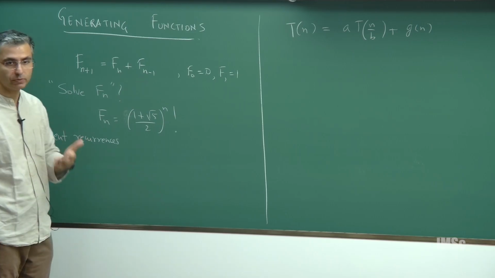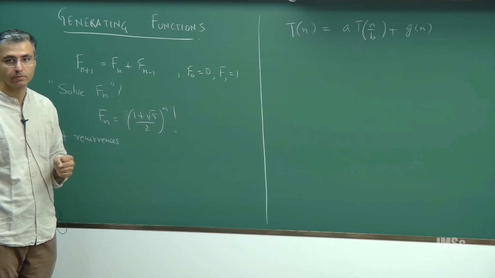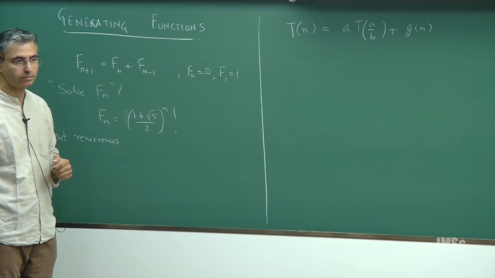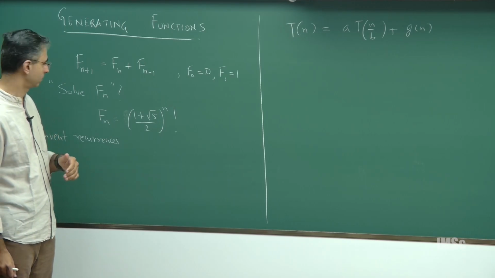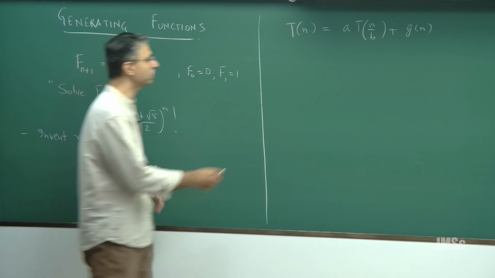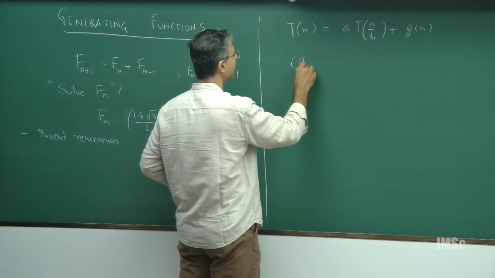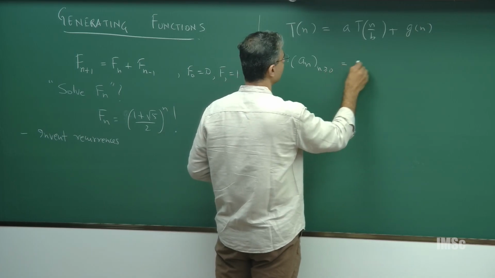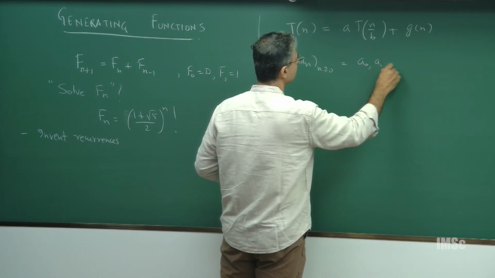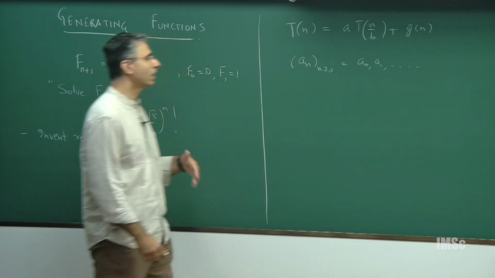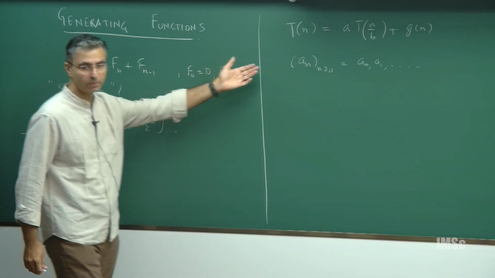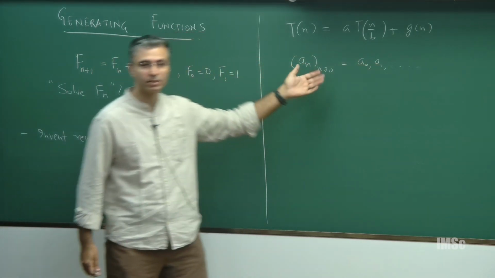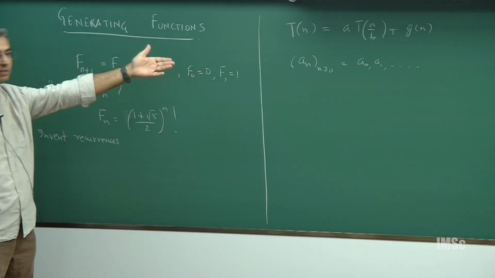So, why would you want to invent a recurrence? Okay, so what are we trying to do? We are trying to study a sequence, right. A sequence of numbers a0, a1, and so on, and we want to understand some properties of this sequence. Fibonacci numbers, the Fibonacci sequence is one such sequence.